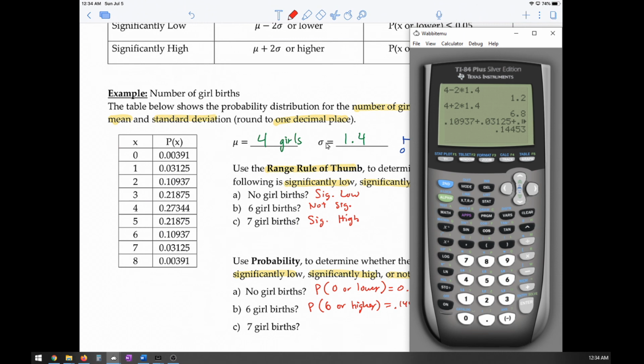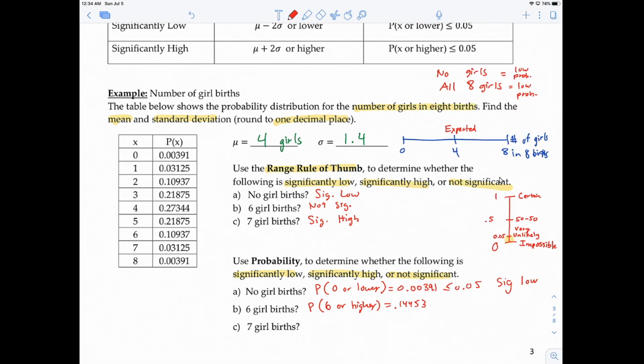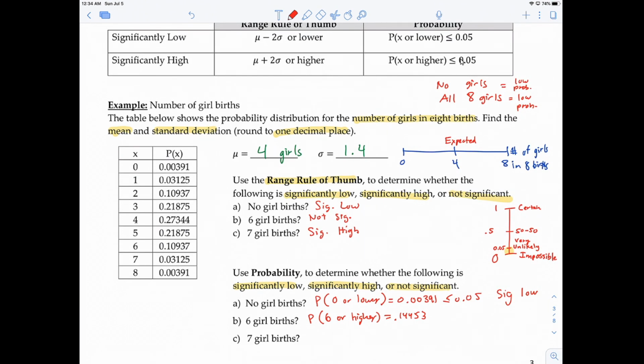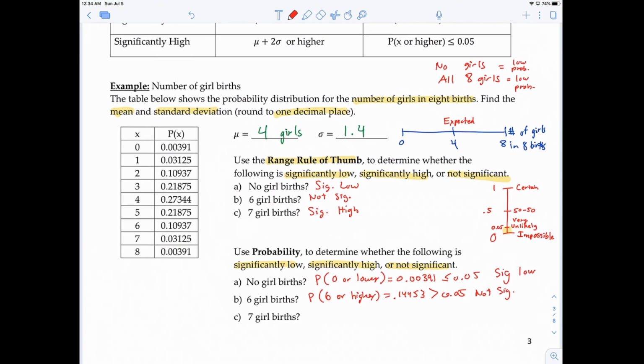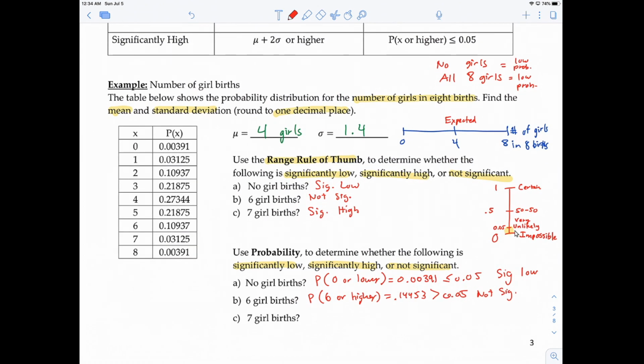Now, it would be significantly high if the probability is less than or equal to 0.05, which it clearly is not. It's greater than 0.05, which means it's not significant. So the probability of getting 6 girls is not low enough for us to say that it was very unlikely to happen. So we're going to say it's not significant.